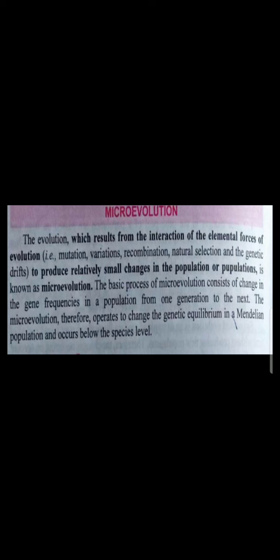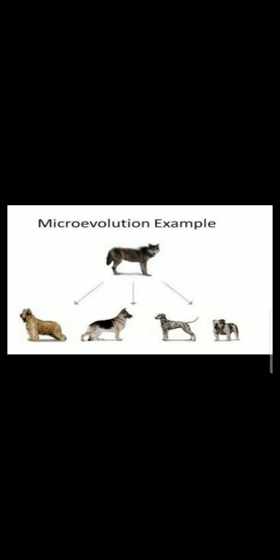But since the changed genotype interacts with the environment, only those changes which increase the rate of reproduction of the organism directly or indirectly become more numerous in the population. In this diagram, we can observe the example of microevolution, that is the evolution of subspecies or geographical races.